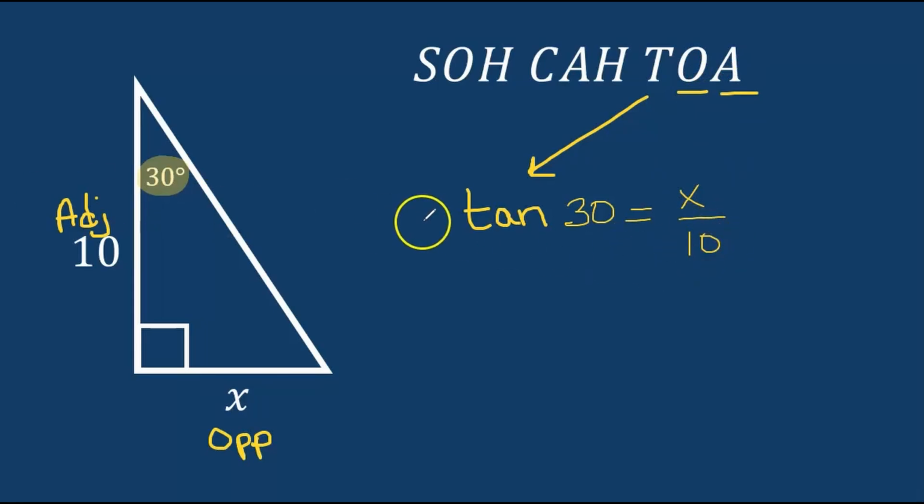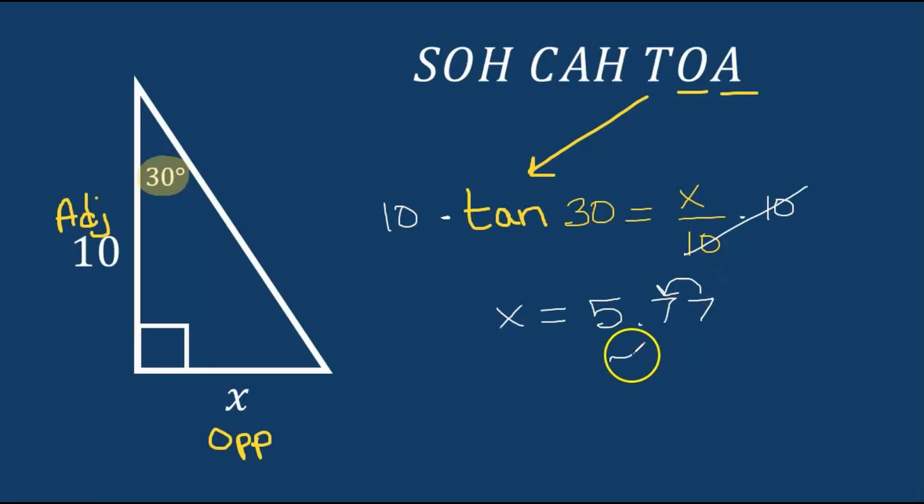This is the same process of multiplying the other side by 10 in order to get rid of the denominator. When I put this into my calculator, I get 5.7735 and so on. Again, I'm going to round that to tenths place, but the 7 is big this time, so it's going to change it to 5.8.